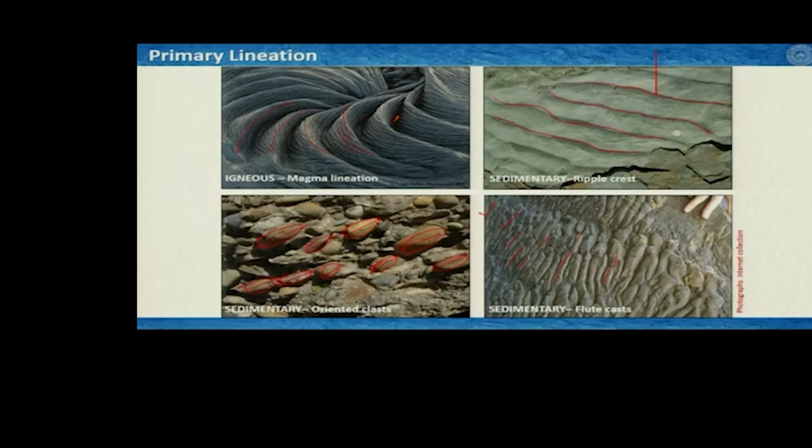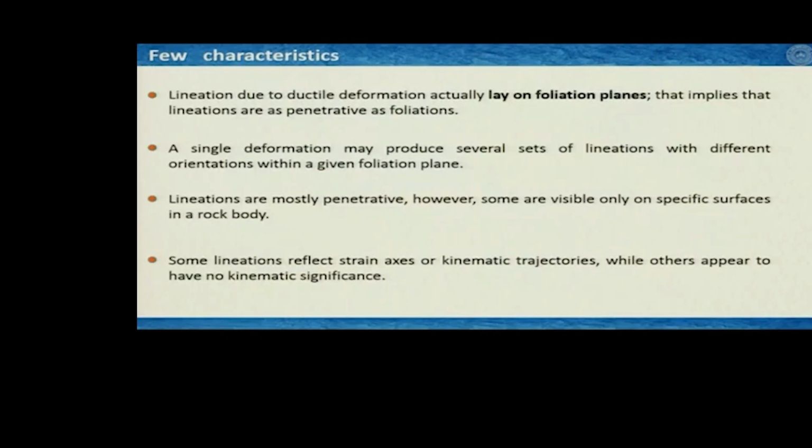But as I said, we will mostly deal with lineations associated with deformed rocks, so we will directly switch to that. But before that, we will look at some of the characteristics of linear features in deformed rocks. What is very interesting is that lineations that we see in deformed rocks, or lineations which are produced during ductile deformation, actually lie on foliation planes.